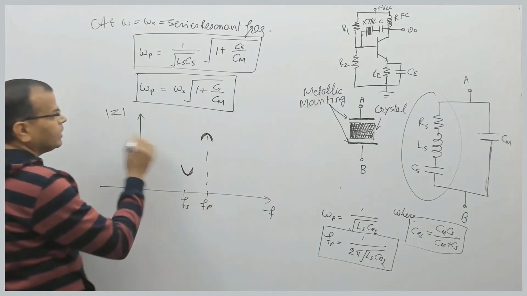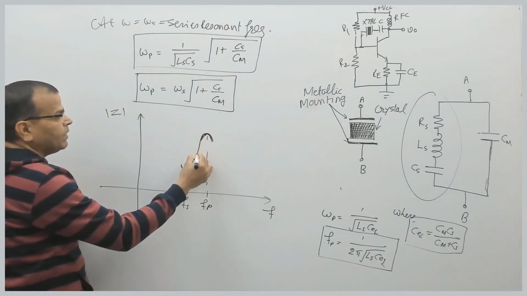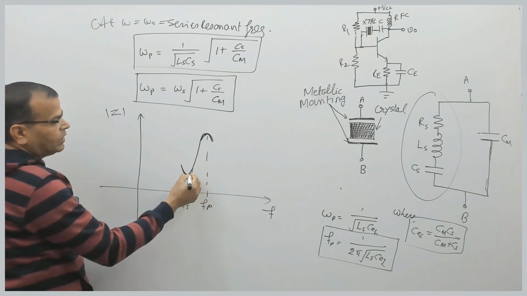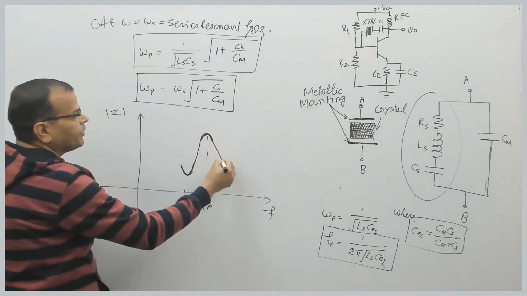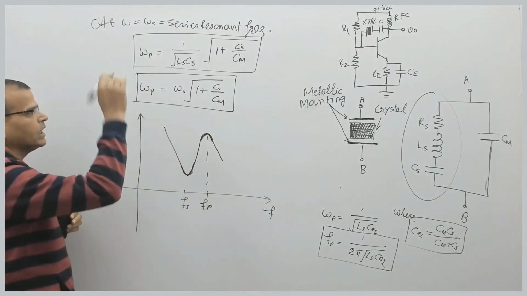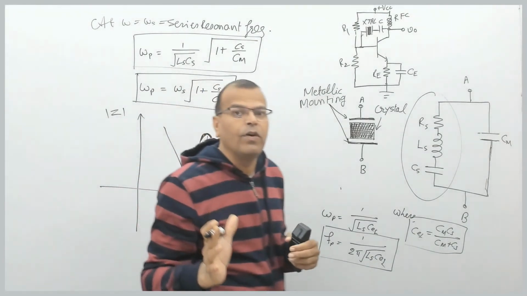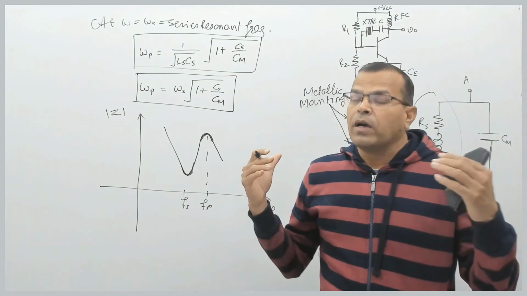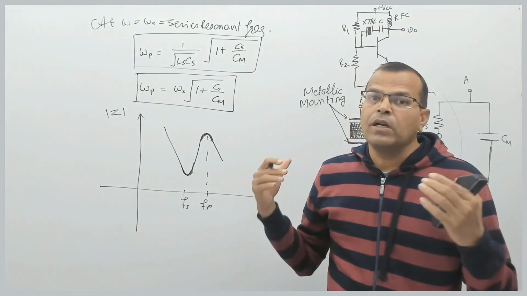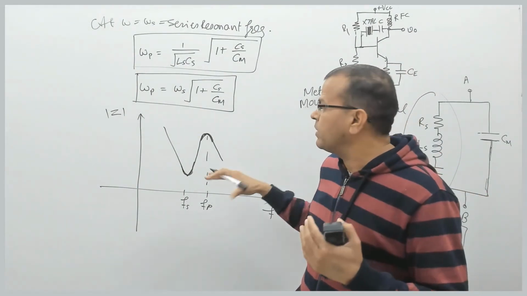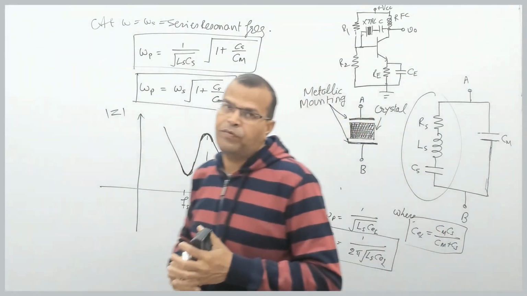So if you see the variation, on this side it decreases, on this side it increases, on this side it decreases, on this side it increases. That is the variation of impedance of a quartz crystal or piezoelectric crystal with variation in frequency.